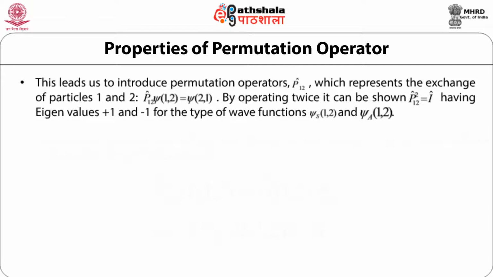So in this manner, one can write that the square of the operator P12 turns out to be the identity operator, having eigenvalues +1 and -1 depending upon the type of the wave functions being used.